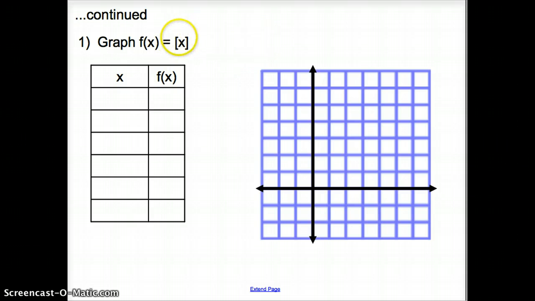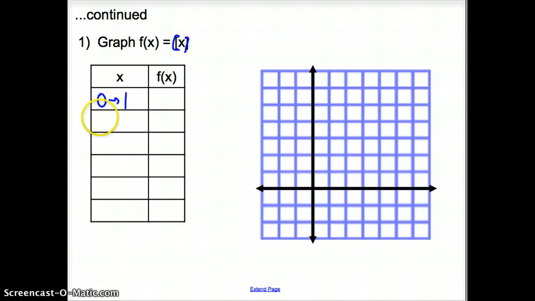With number 1, notice how we have step notation denoted by those brackets. Now, when we have that, usually in most tables, we would pick 0, 1, 2, 3, 4. Well, when we have step function notation, we have to have a range from 0 to 1, right?